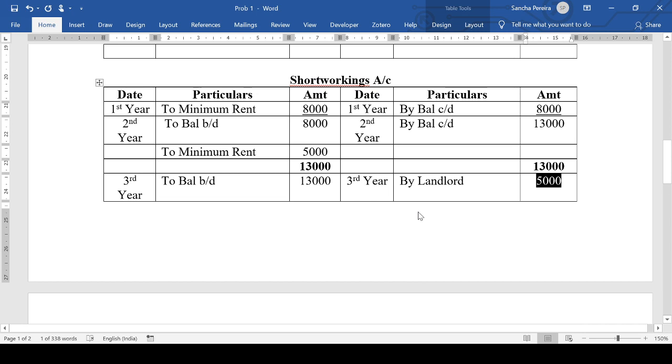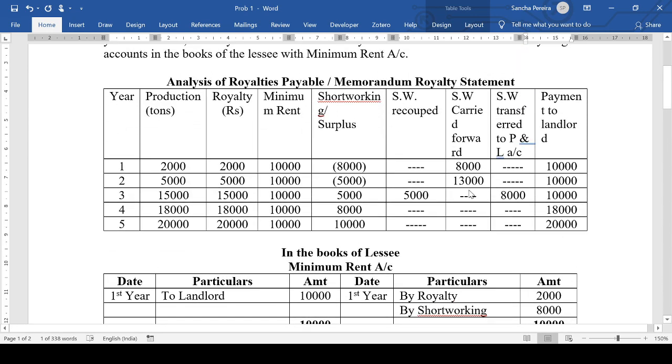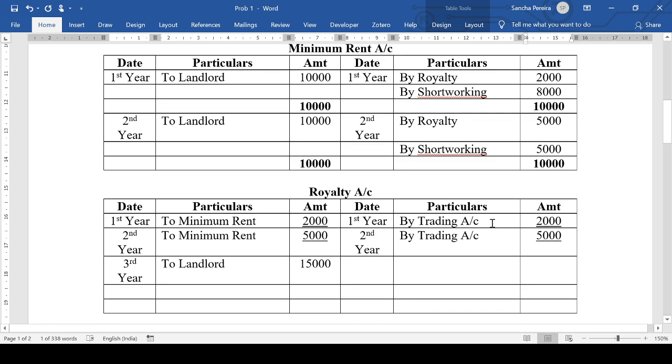What's the next entry? You make the payment, you see if you can recoup anything. If nothing can be recouped, what do you do? You transfer the short workings to the P&L account. Did we have short workings transferred to P&L account in this year? Yes. Okay, what will it be?